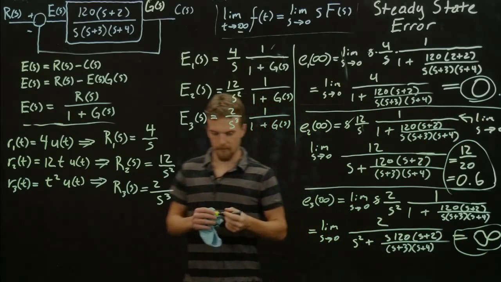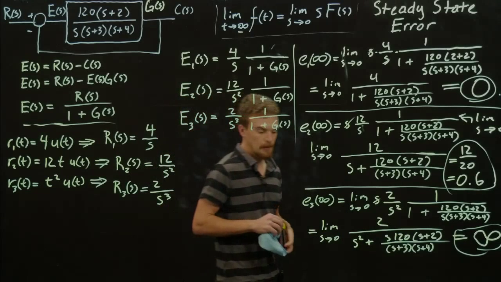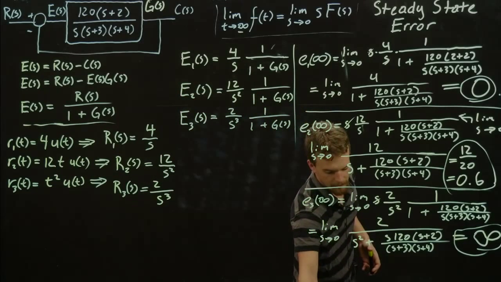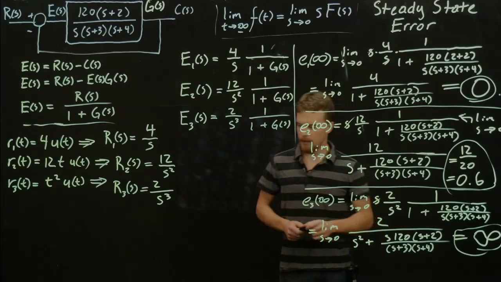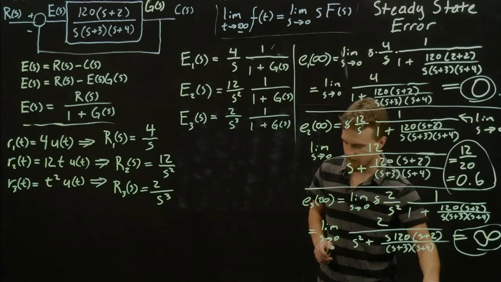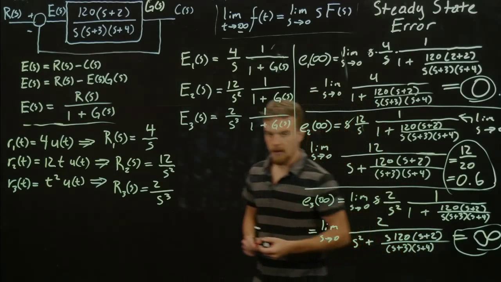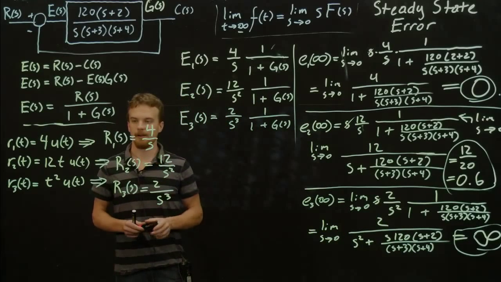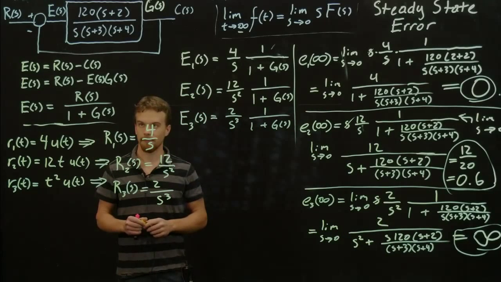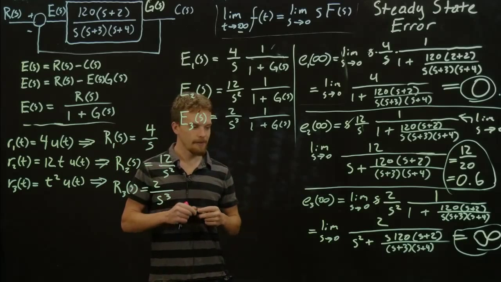Okay, so we have some pretty interesting results here. Since we have some room, I'll try to draw out what the input and output of our system will look like for each of these inputs.